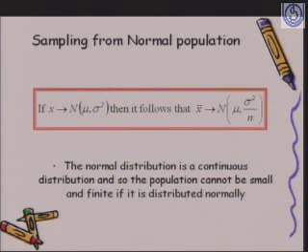The normal distribution is a continuous distribution, so the population cannot be small and finite if it is distributed normally. So we are not using the finite population multiplier here.